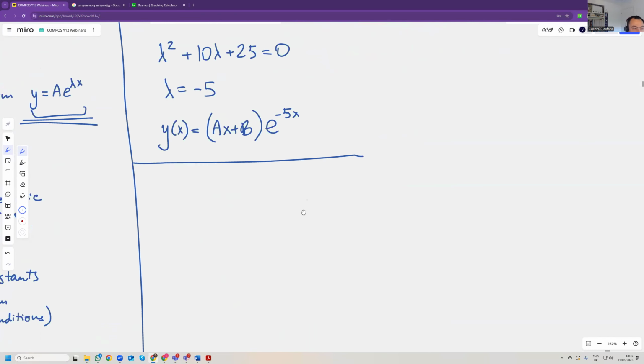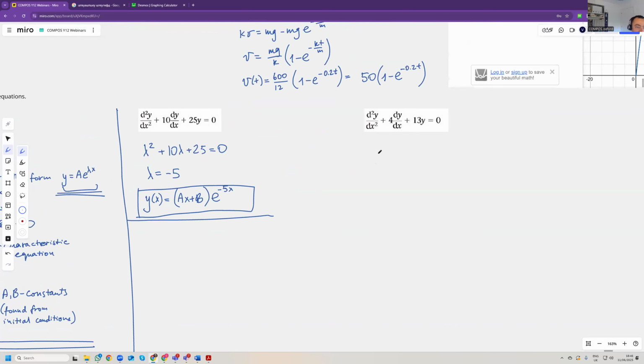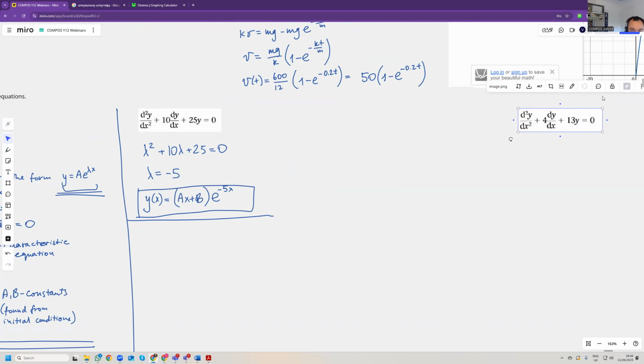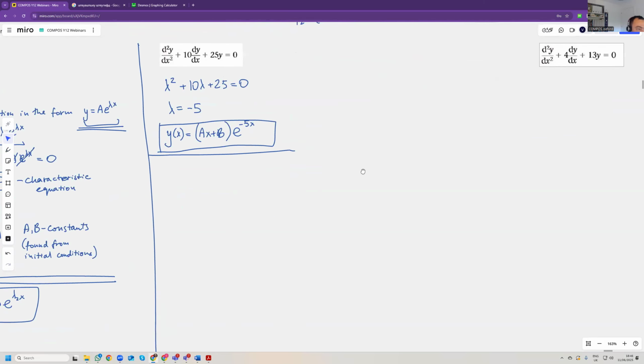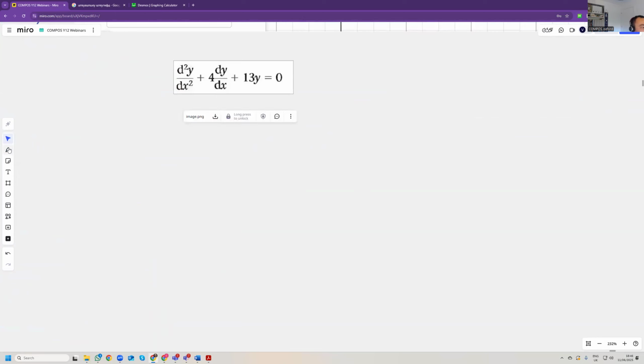And finally, the most interesting case is this. Here, the characteristic equation is lambda squared plus 4 lambda plus 13. As you can see, the discriminant is negative.